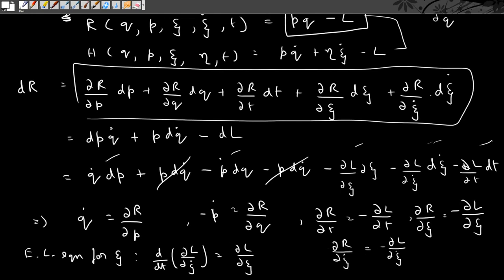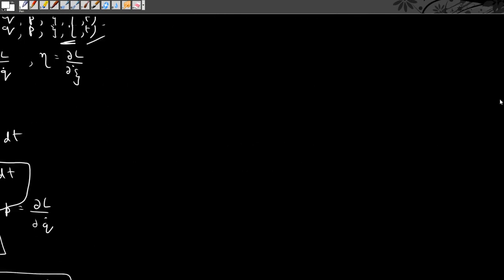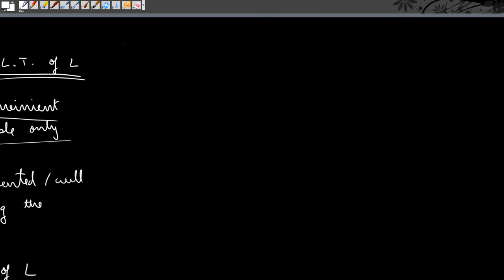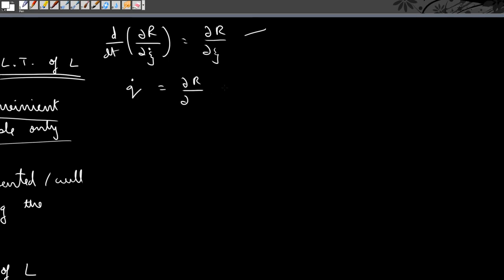Now using these two relationships, we are going to get the equation d by dt dou R by dou xi dot equal to dou R by dou xi. Okay. So we have this equation, and along with the equation q dot equal to dou R by dou p and minus p dot equal to dou R by dou q.